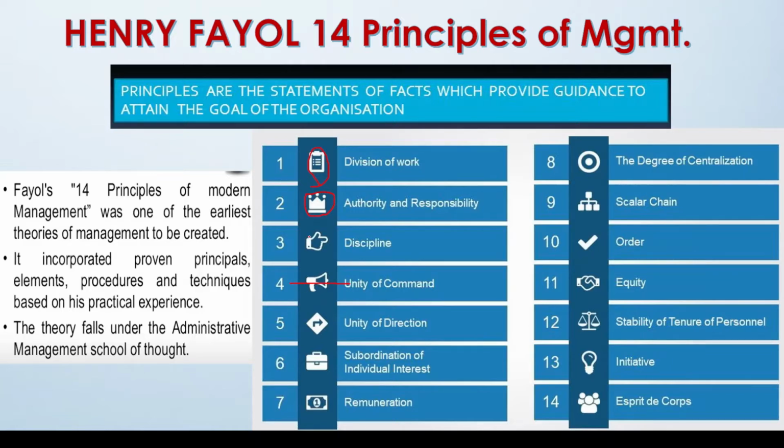All these symbols are related to these terms. Unity of direction, subordination of individual interest, the degree of centralization, scalar chain, order, equity, stability of tenure and initiative, then esprit de corps.